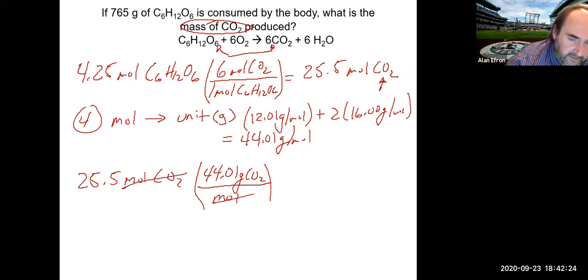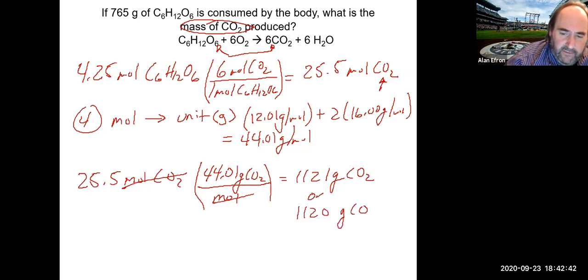Moles cancel, and that would get us timesing 44.01. That will give us something like 1,121 grams of CO2. Or if you want to do some sig figs, 1120, no decimal, grams of CO2 in that particular case. Question on any of those steps?